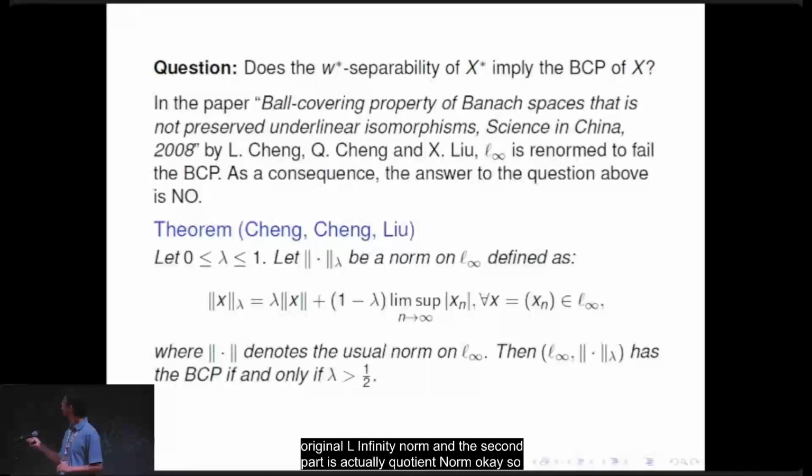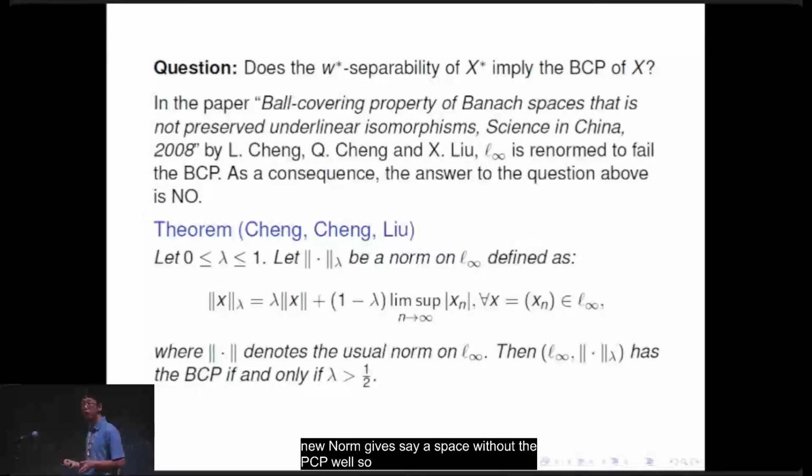This lambda controls the percentage of these two norms. If lambda is strictly greater than 1/2, then this new norm gives you a BCP space. But if lambda is less than or equal to 1/2, then the new norm gives a space without the BCP.